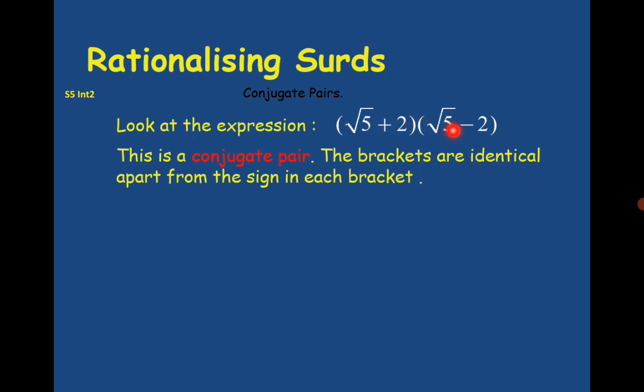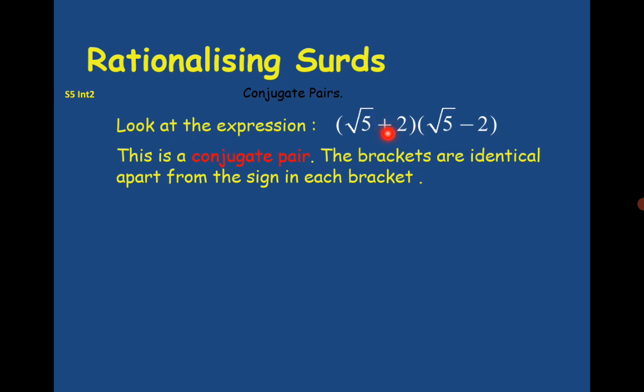So one bracket is the conjugate of the other. Conjugates differ only on the sign. One has a plus sign, the other one has a minus sign. So the brackets are identical apart from the sign in each bracket. We have root 5 there, root 5 there, we have 2 here, 2 there.